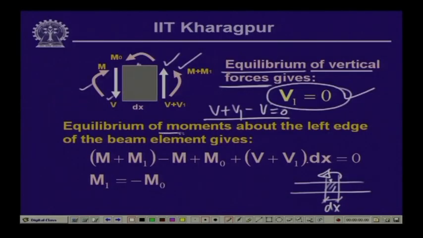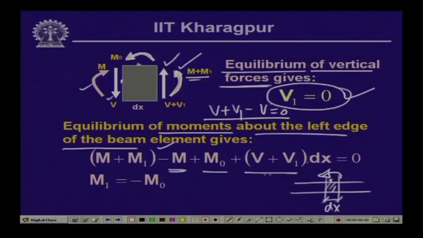Now, what happens to the bending moment? If we take the equilibrium of the moments about the left edge of the beam element, again we have this anticlockwise moment M plus M1, then the clockwise moment M, then this anticlockwise moment M0, and then the moment contribution of the shear V plus V1 times dx, which equals 0. The sum of all the moments with respect to this left edge is 0.